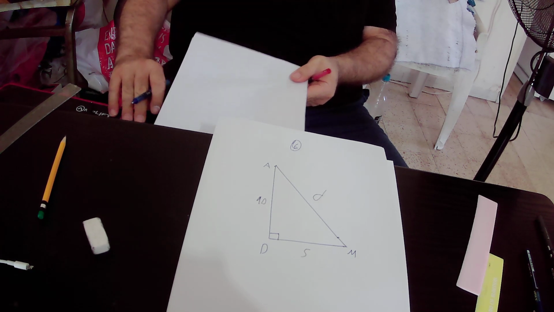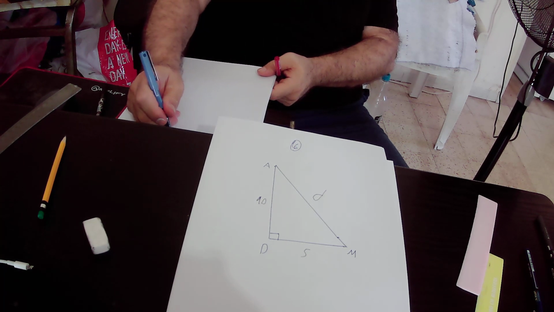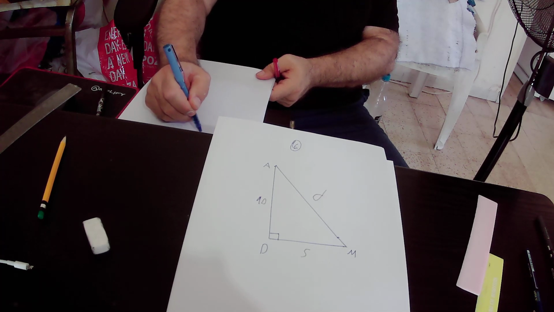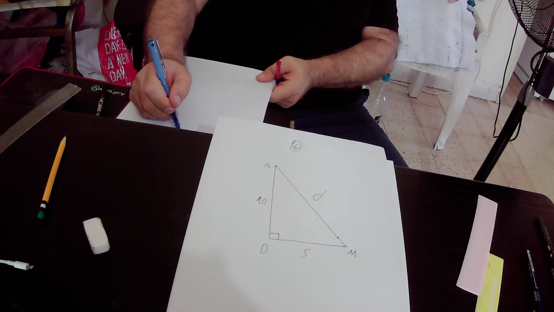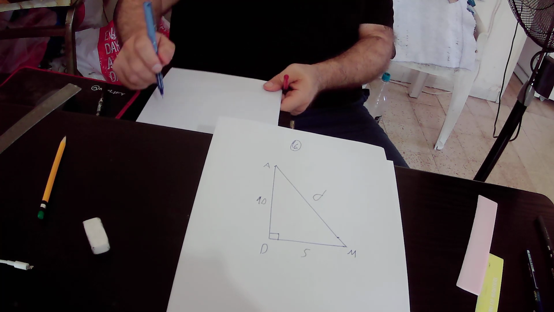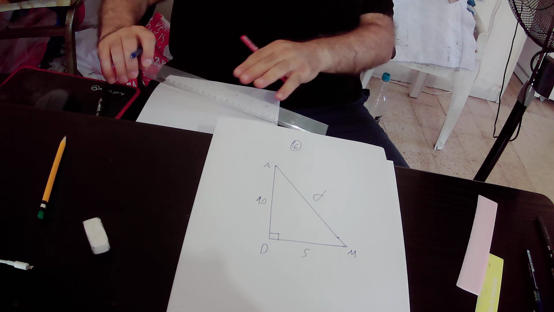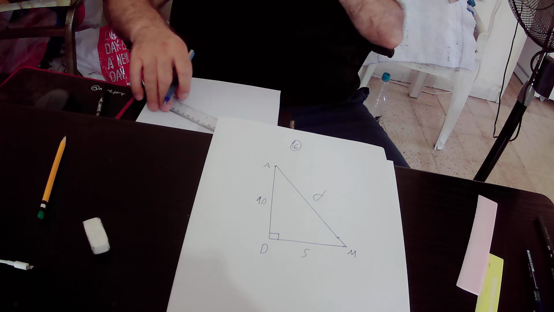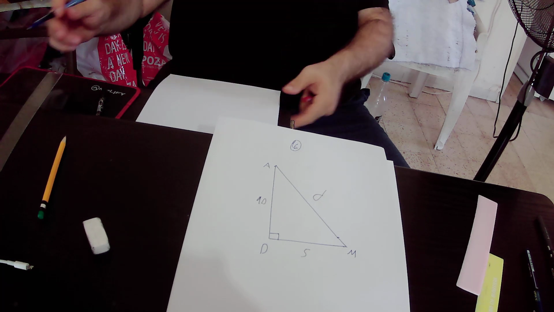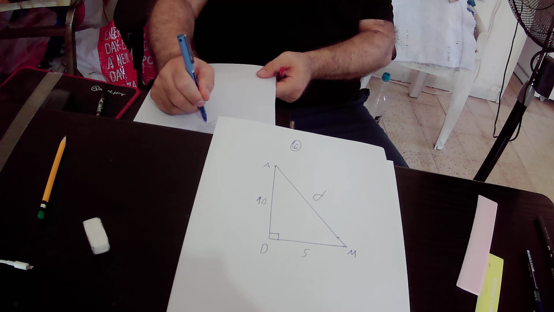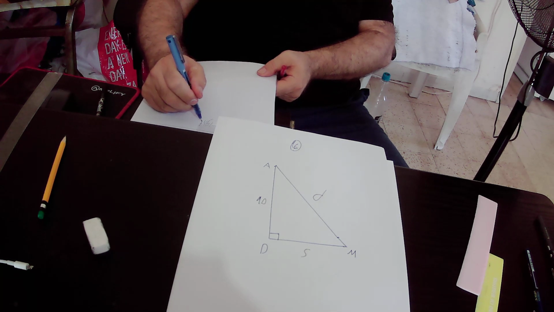Actually, the Pythagorean theorem states that, because the Pythagorean theorem applies only to right triangles, it must be a right triangle.